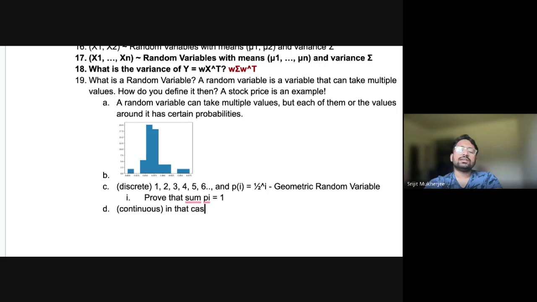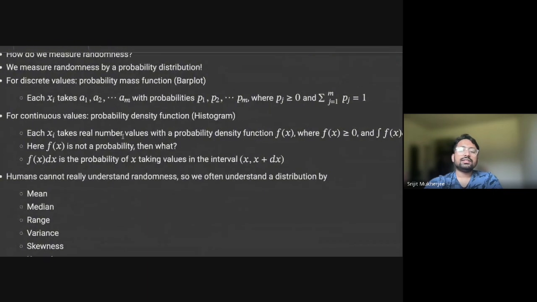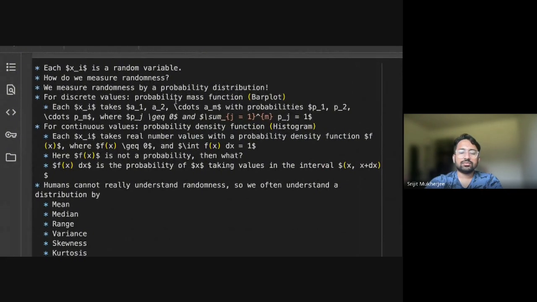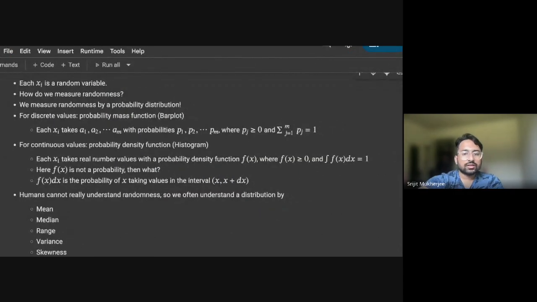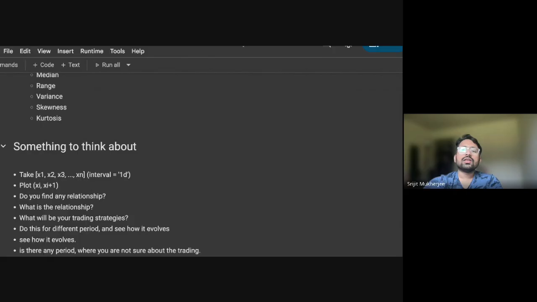In that case, it takes a probability density f of x, and we measure it by the density.